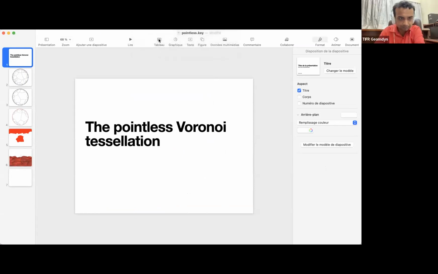You see the slideshow here, the pointless Voronoi tessellation? Perfect. So this is a Poisson process of intensity lambda, where lambda is 1, in the hyperbolic disk represented in the unit disk model.